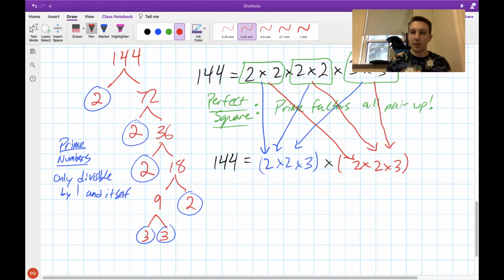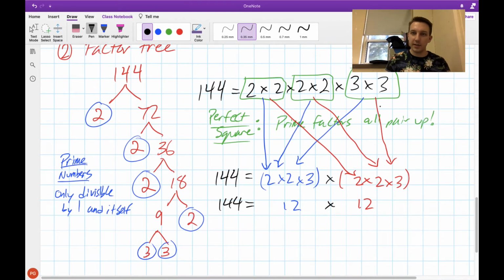And if we multiply all of these together, 2 times 2 times 3 would give us 12. And same thing over here, 2 times 2 times 3 would give us 12. So if we can pair up all of our factors here, that tells us that we would be able to split them up and make 2 copies of something times itself, which is the definition for a perfect square.